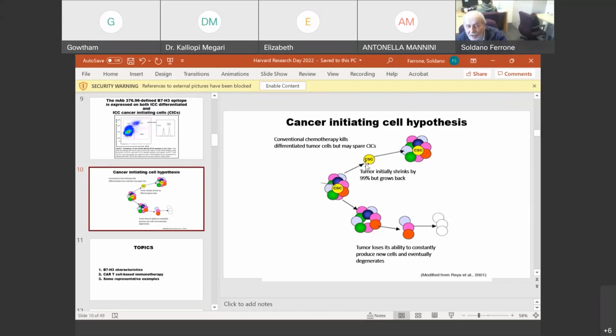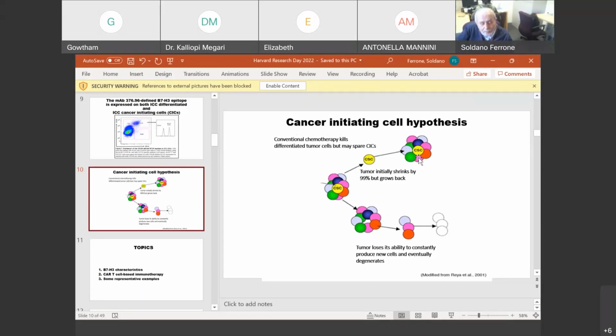And as a result, the cells which are left behind at one point, after a period of dormancy, which can be short or long, will begin to proliferate, will begin to spread the metastasis, and they will cause recurrence of the disease.